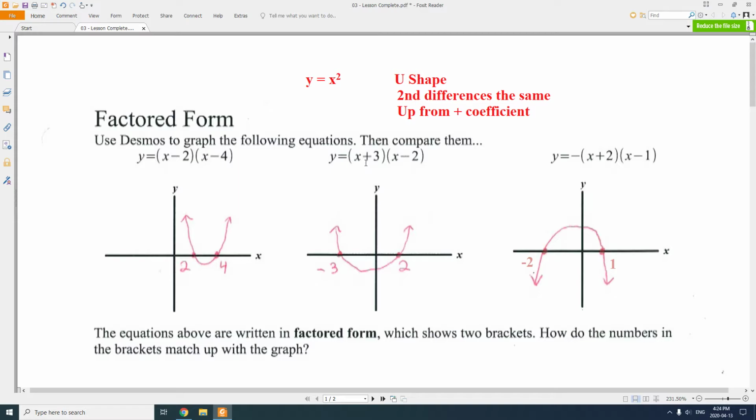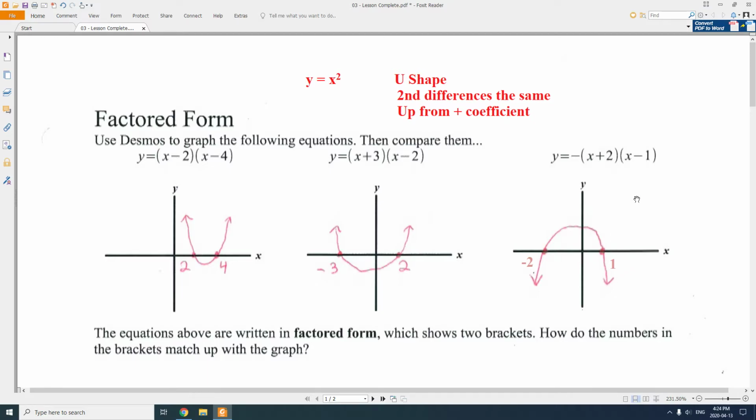Over at the next one, +3 in the brackets gives me -3 as an x-intercept. -2 in the brackets gives me +2 as an x-intercept. And even on the last one, +2 in the brackets was a -2 x-intercept. -1 in the bracket was a +1 x-intercept.